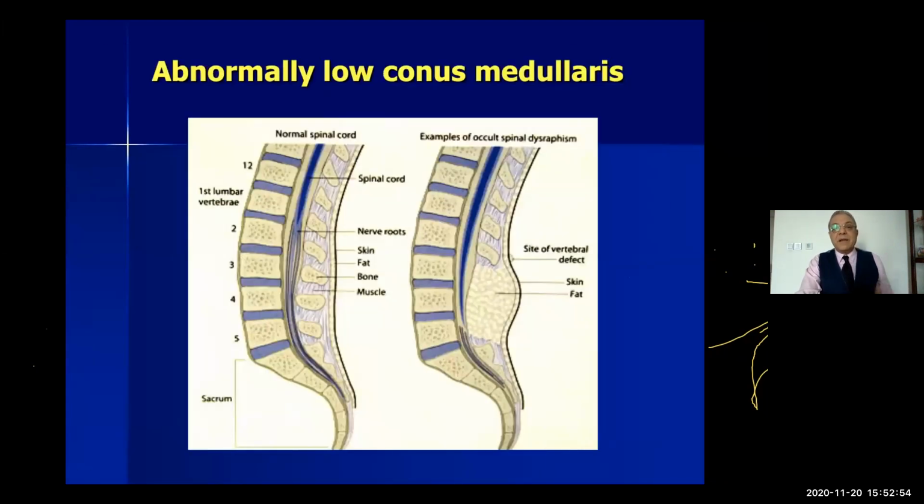As I said, it's an abnormally low conus medullaris position, and you can see here the difference between the normal spinal cord and an example of occult spinal dysraphism. You can appreciate the presence of fat here, and instead of the conus medullaris being at L1, L2, it goes all the way down, probably to L5 or even below that. And this is what presents as the tethered cord.